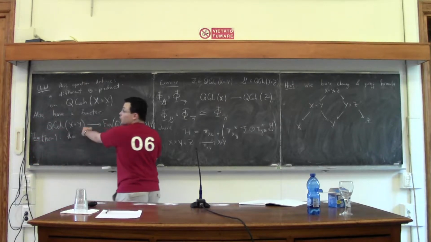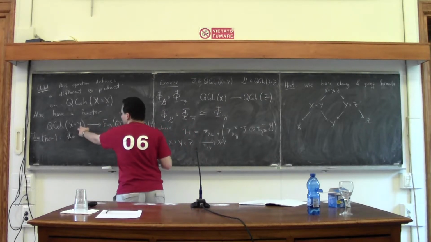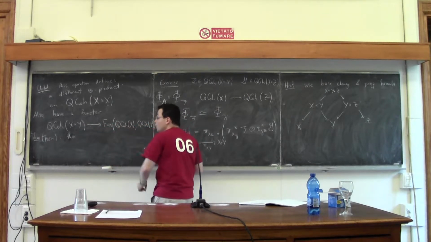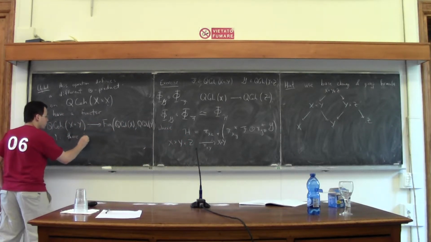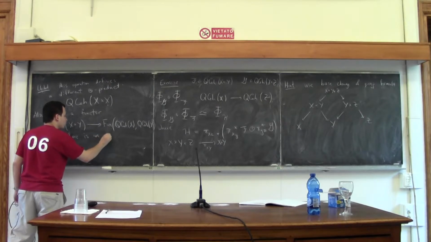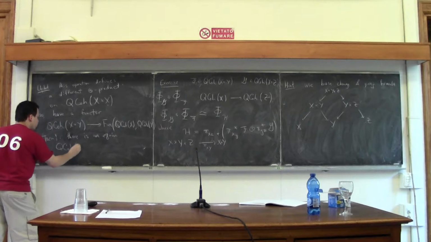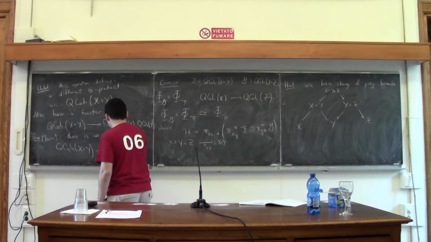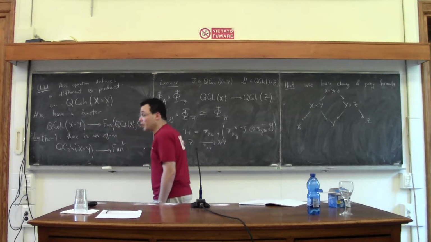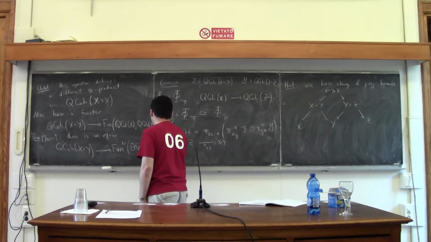This is not an equivalence of categories, but it turns out that this is a full subcategory of these functors, and we can identify exactly what it is: an equivalence between quasi-coherent sheaves on the product and what I'll call Fun superscript L between quasi-coherent sheaves on X and quasi-coherent sheaves on Y.